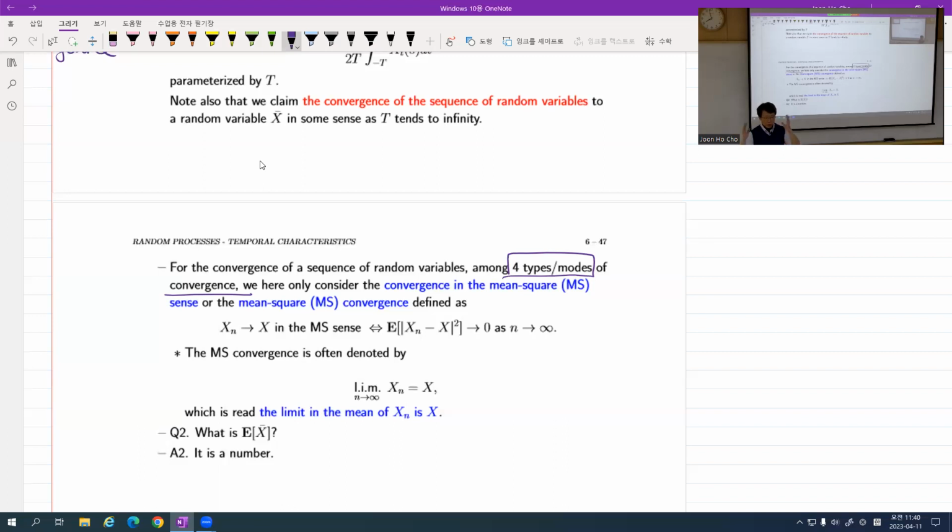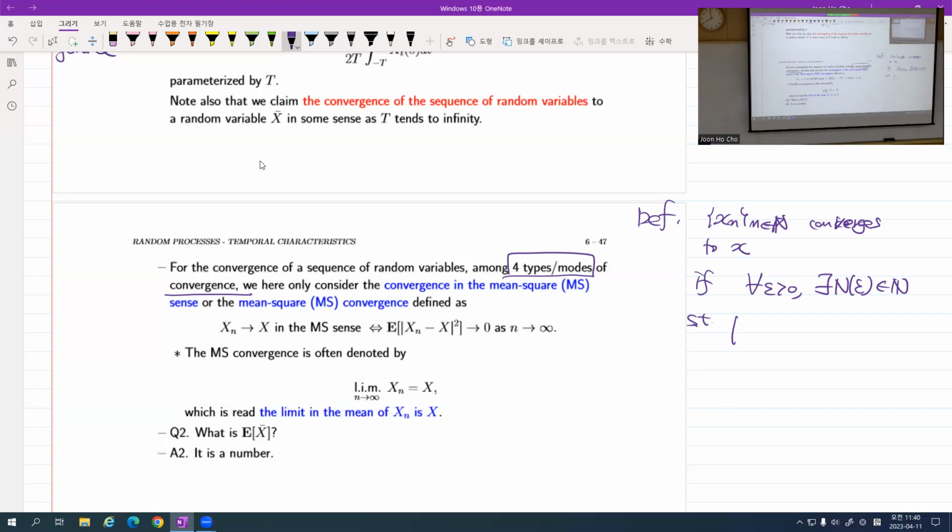And second, sorry, let me say it. Definition: X of n converges to X if for every epsilon positive, there exists an integer N of epsilon such that the difference between xn and x is less than epsilon, I must be careful, less than epsilon for all n greater than or equal to N of epsilon.